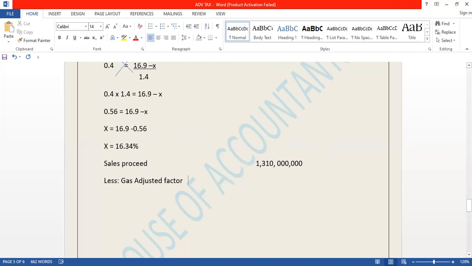So based on this now, we'll be having the figure we just concluded, which is 16.34%. Then multiply by this 1300. So we want to adjust for that figure. So what do we have if you multiply that together? 16.34% of this figure. What do we have?